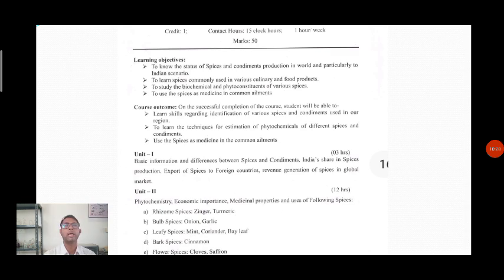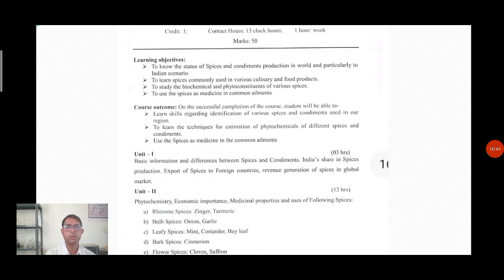So as we know, India has a large number of varieties of plants that act as spices, and due to that Indian produce has a good reputation in the market for its spices and condiments.